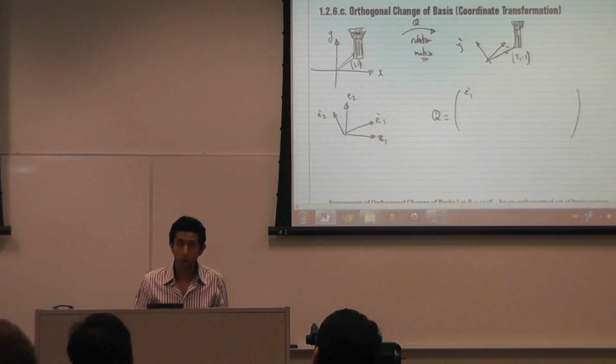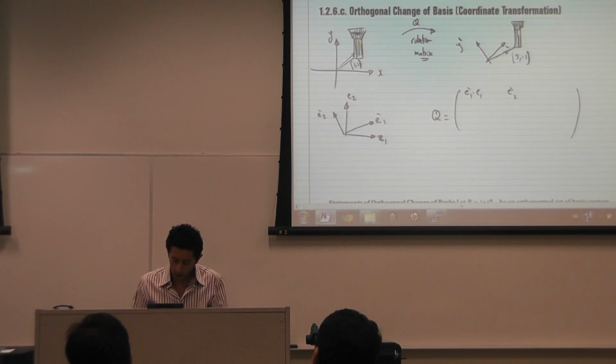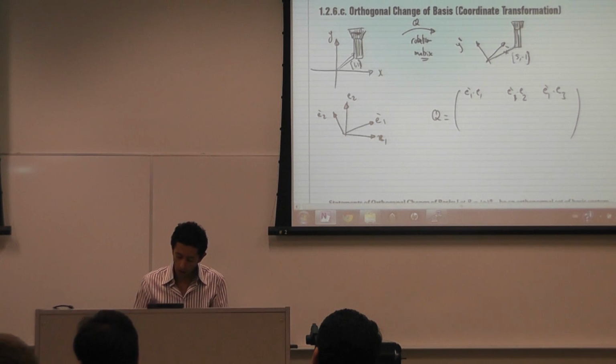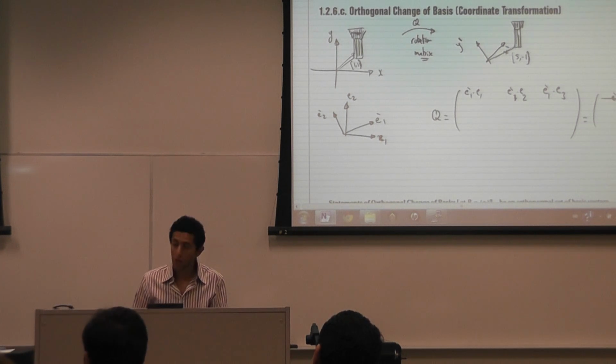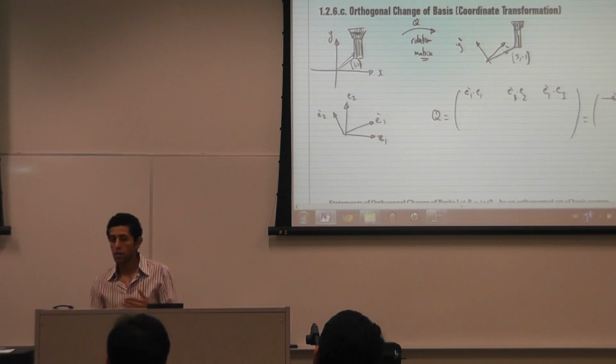The component of E prime 1 in the direction of E1, the component of E prime 1 in the direction of E2, the component of E prime 1 in the direction of E3, which is basically E dash 1. The components of E dash 1, this is the vector.